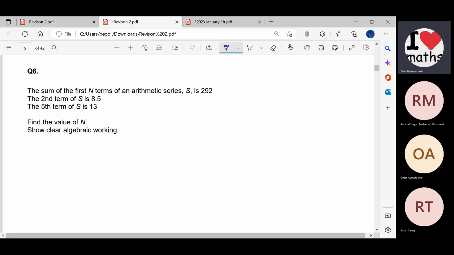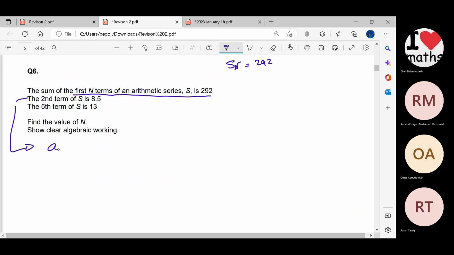For this question, they said the sum of the first n terms of an arithmetic sequence, Sn, is equal to 292. Then the second term: a + d = 8.5, and a + 4d = 13.